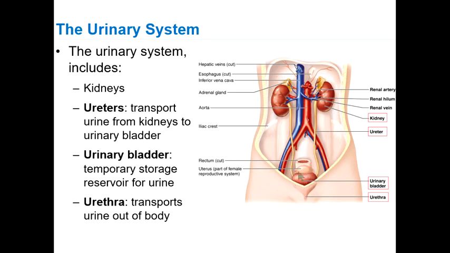Urine then is stored in the urinary bladder, which can hold large amounts of fluid or urine until it's convenient to release the urine out of the body, and that final tube that transports the urine out of the body from the urinary bladder is the urethra.